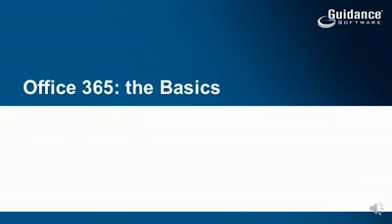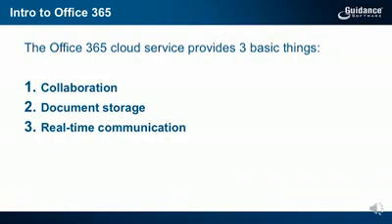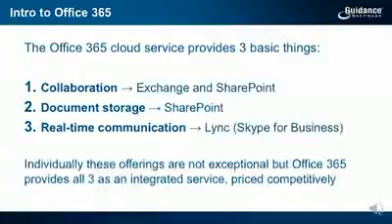With that out of the way, let's look at the basics of Office 365. What this platform is effectively, it's a cloud service which provides three basic things. At a fundamental level, it provides collaboration, document storage, and real-time communication. If you're familiar with the Microsoft on-premises server products, these categories map to three products: Exchange, SharePoint, and Lync, or as it's now called, Skype for Business.